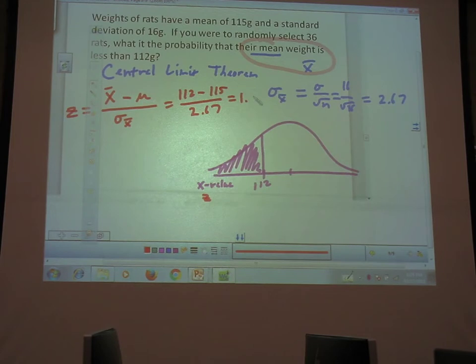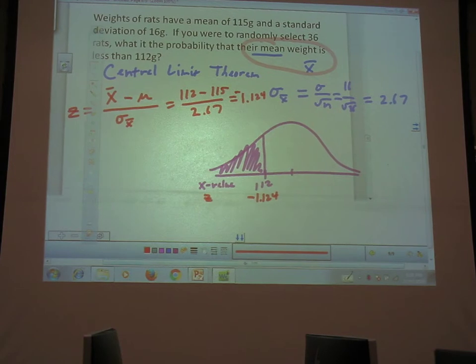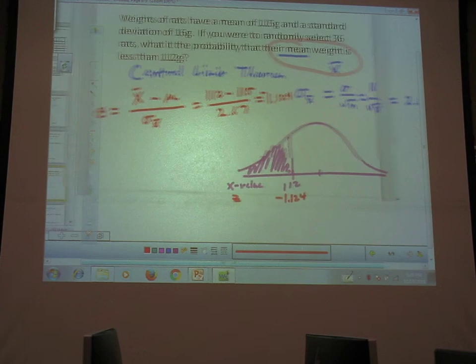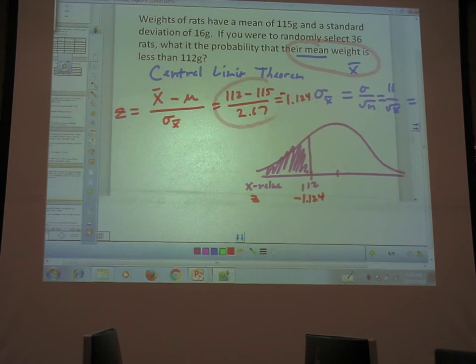What did you get, Zach? 1.1235, or 1.1236, excuse me. Okay, so you're going to get negative 1.124. On the test, are you going to need us to show the formula, z equals x bar minus mu over sigma x bar? I would like that, so give me that at least.